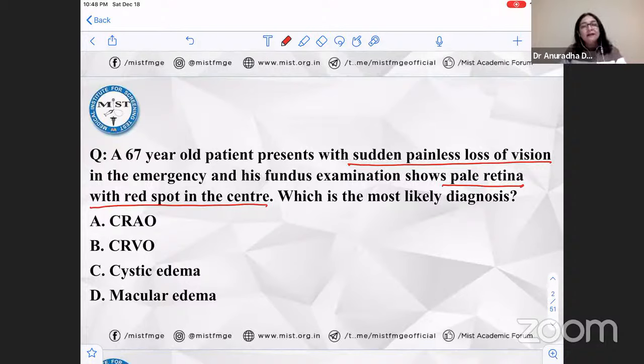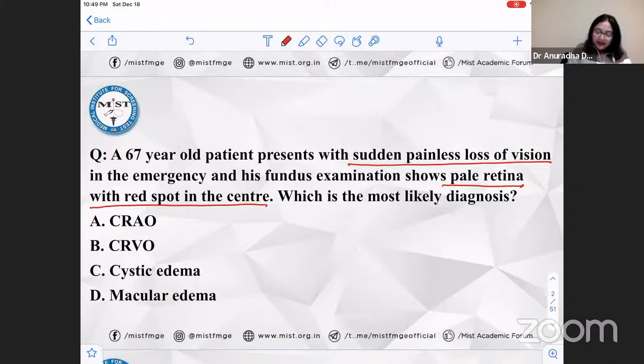Choice A was CRAO, B CRVO, C cystic edema, and D macular edema. Unfortunately, the examiner gave abbreviations, CRAO and CRVO, which I would suggest is not a very good thing to do, because they should have written the full terminology.